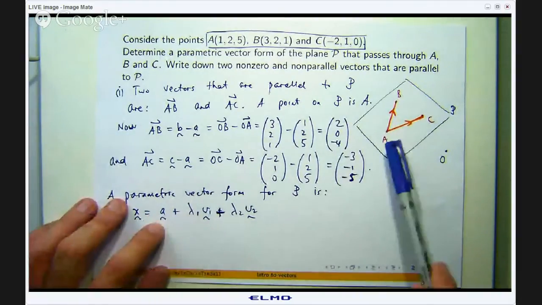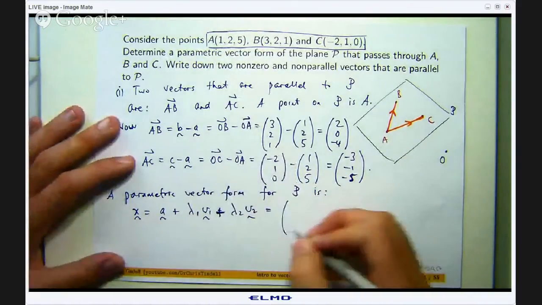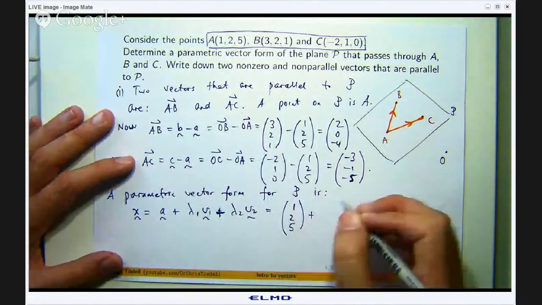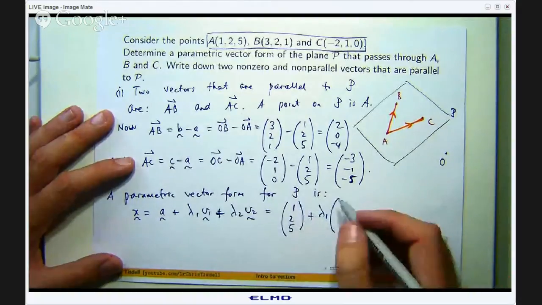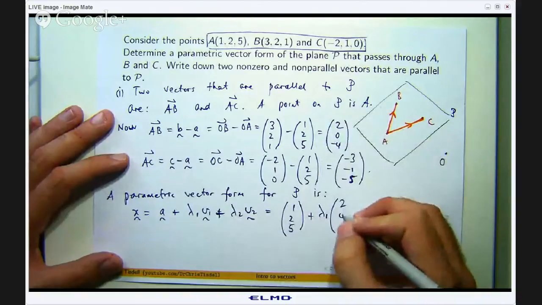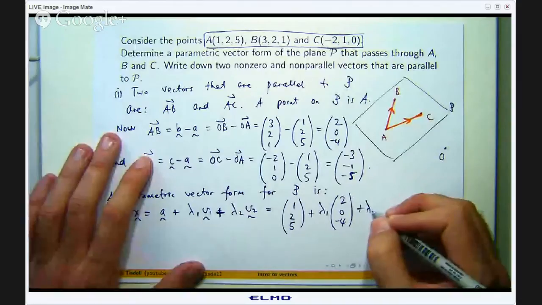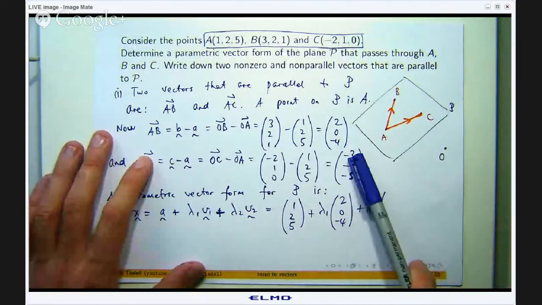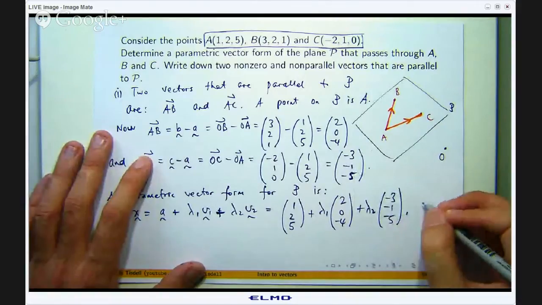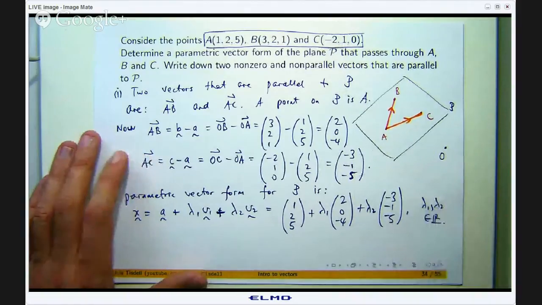And let's use this as A, the position vector of A. So for our plane, it'll be 1, 2, 5 plus lambda 1 times V1. It doesn't matter which one you choose, let's just choose this one: 2, 0, -4, plus lambda 2 times the other vector that we calculated: -3, -1, -5. And we want the whole plane, so lambda 1 and lambda 2 range over the real numbers.